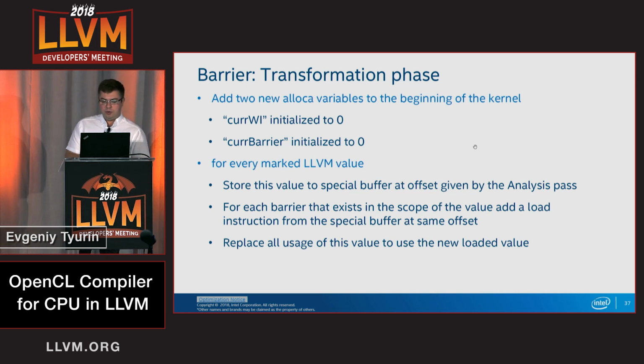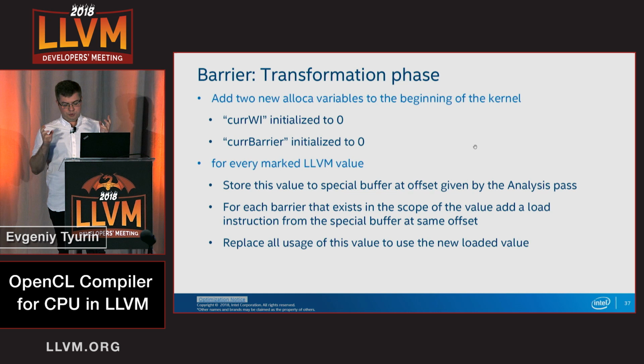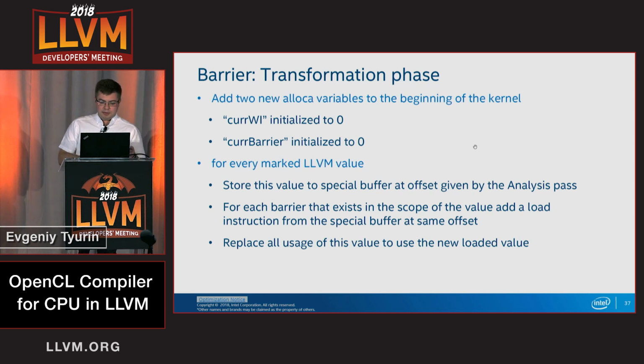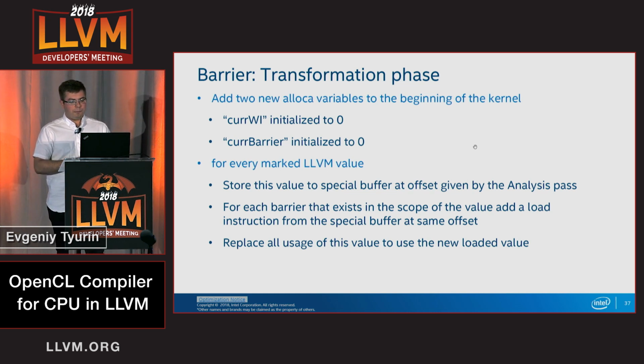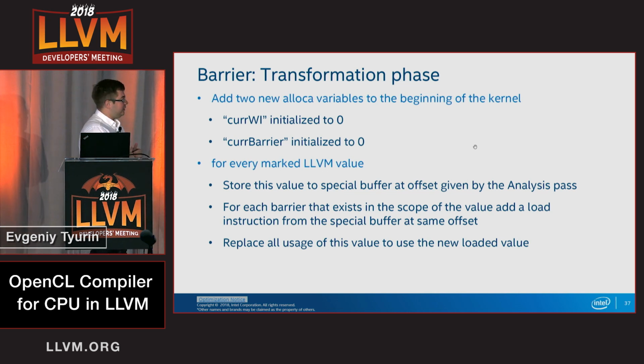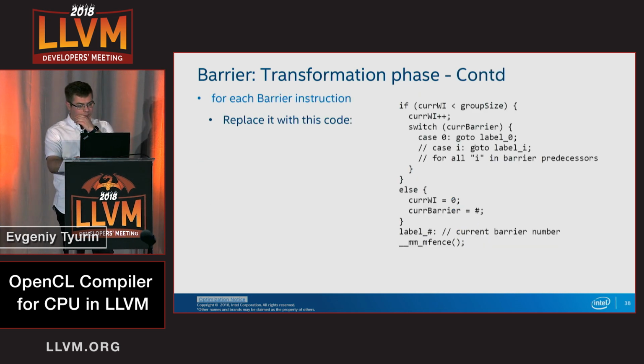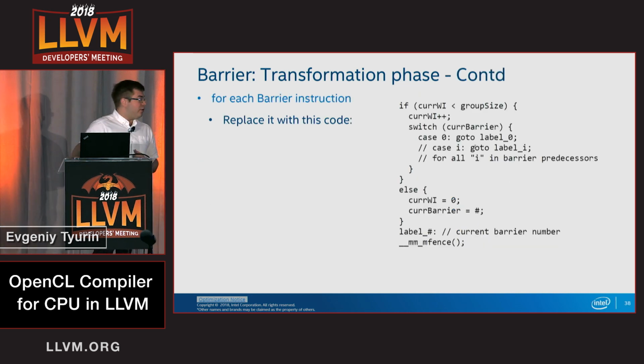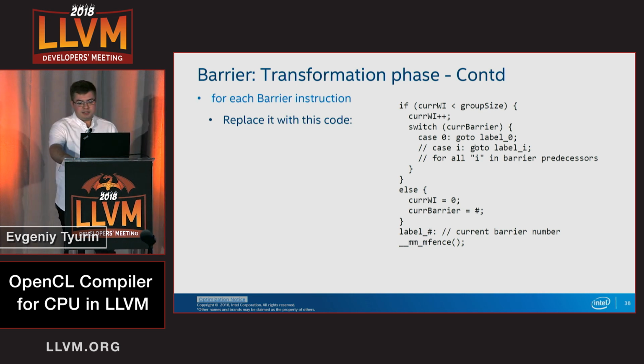For every value, we're going to store it into the special buffer, and load this value in the places where it is present within the scope of the barrier, and replace all the usages of this value with this newly loaded value. Every barrier instruction will be replaced by this switch-driven go-to state machine, followed by the appropriate memory fence.